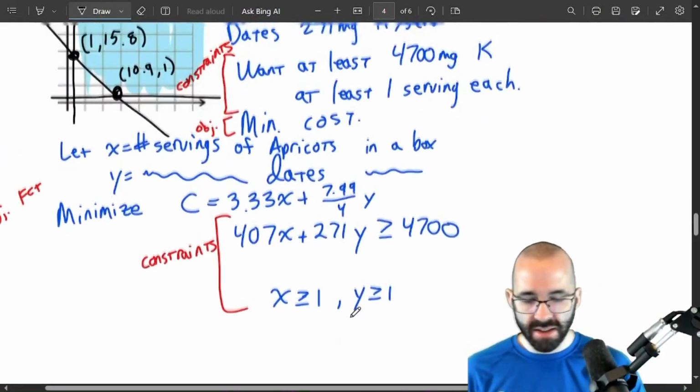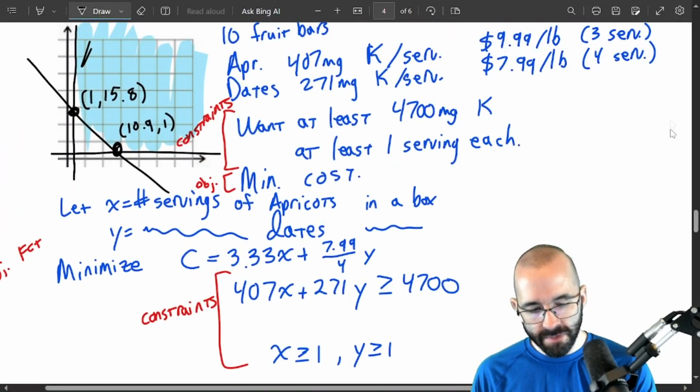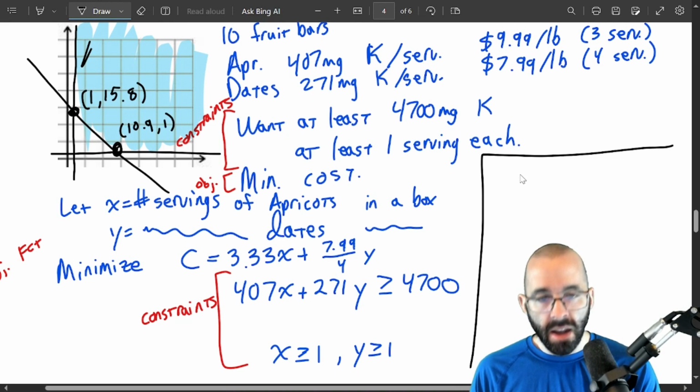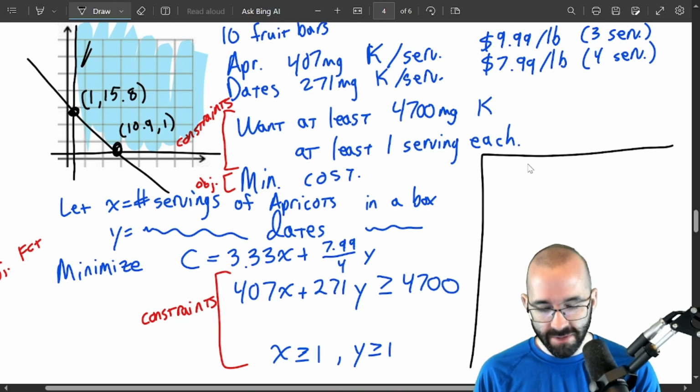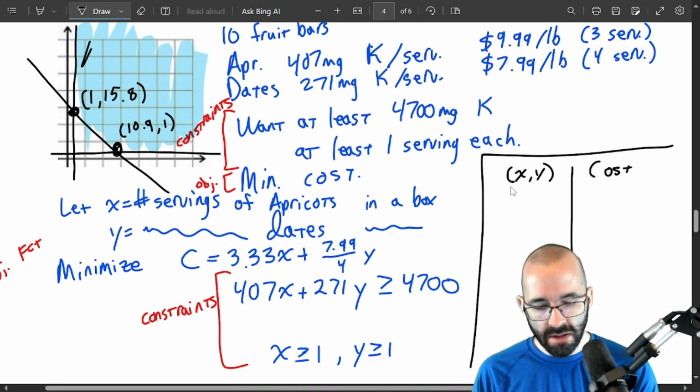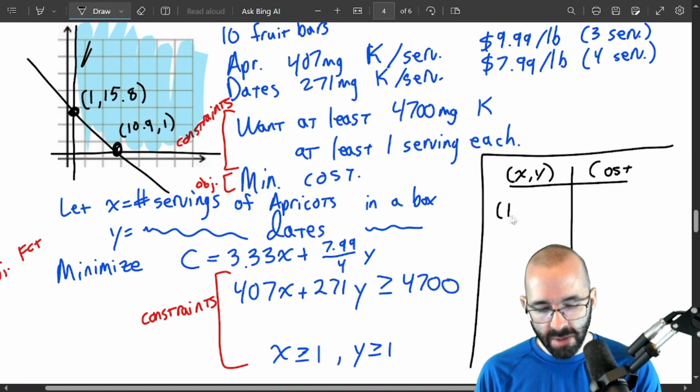Let's check what the cost is at each one of those points. The winner here is the lowest cost. So we'll look at the point, x, y, and the cost. First point is 1 serving of apricots, 15.8 of dates.